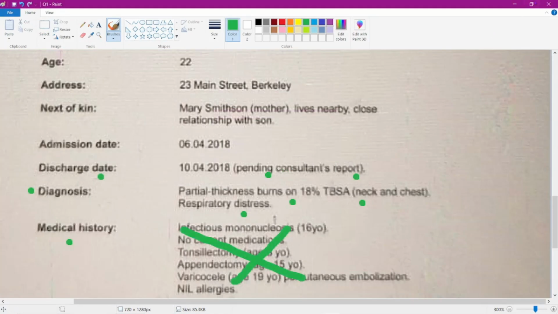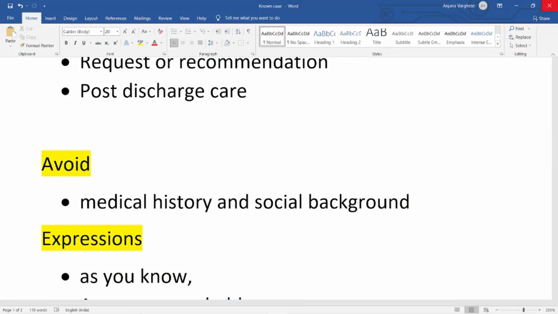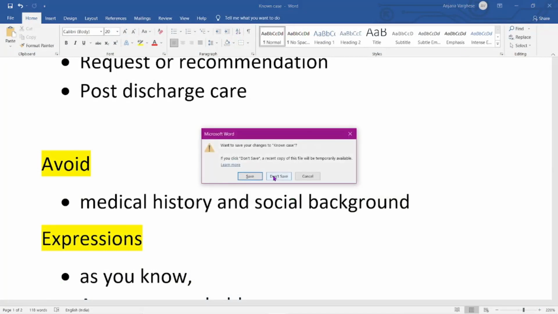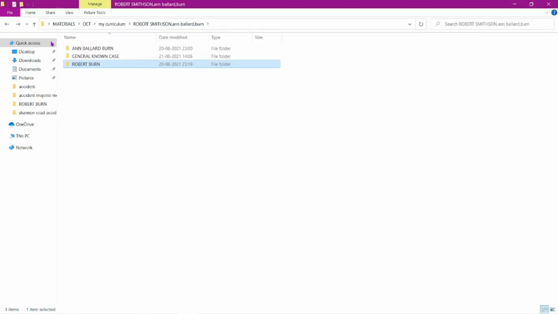So this is one burn case, but there are several other burn cases also. I will be discussing those with you. I have combined two more cases. Suppose you have an additional burn case when you are practicing, and you have a doubt, you can send me that question paper and I will help you.